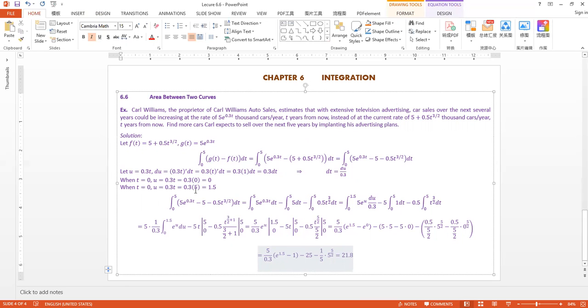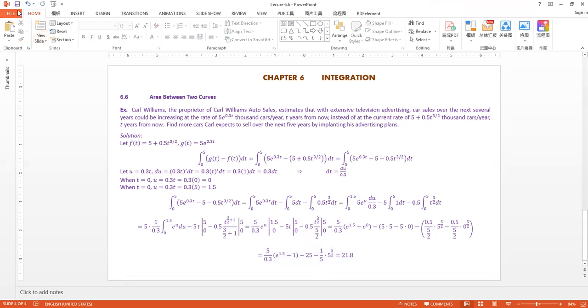So that's in thousands. Okay, so what it means is if you apply the new plan, you're going to increase the sales by 21.8 thousand cars in the next 5 years. That's the final answer.